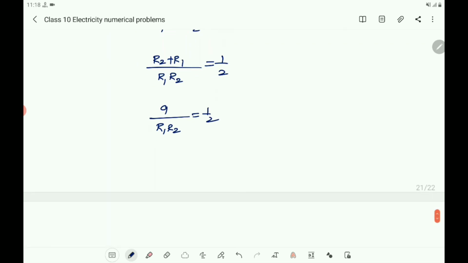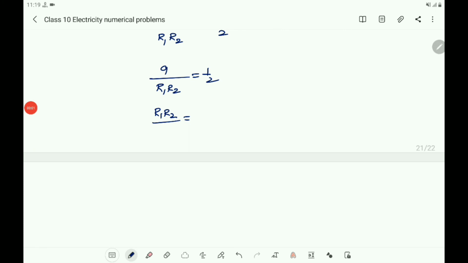Then you take the reciprocal, R1 R2 by 9 equals 2 by 1. That is, multiply 2 and 9, you will get R1 into R2 equals 18.